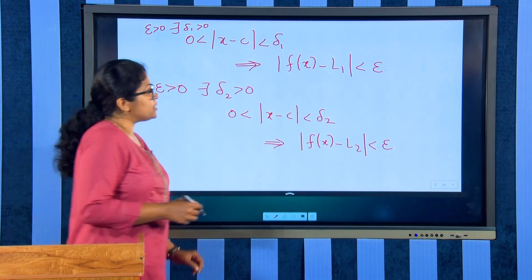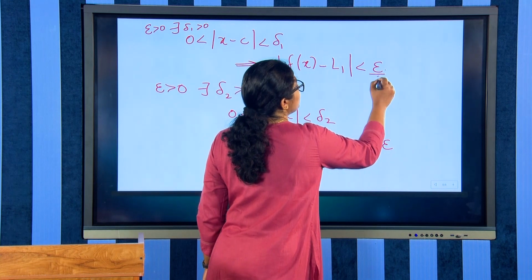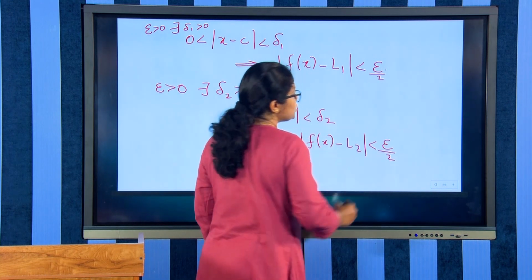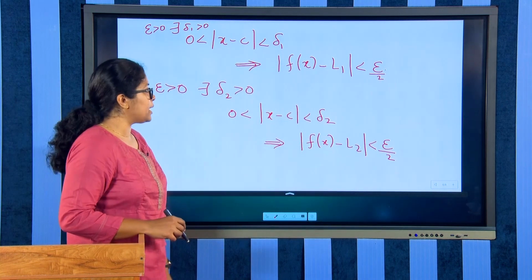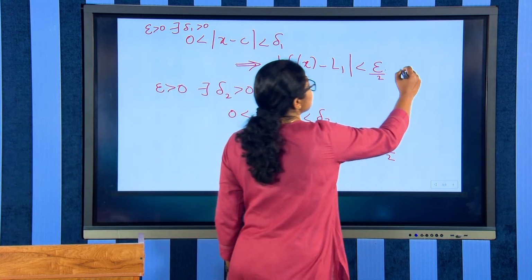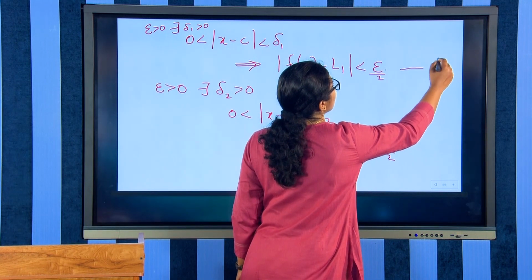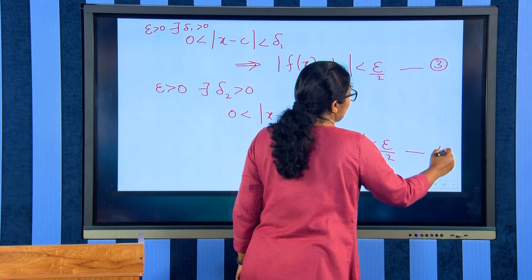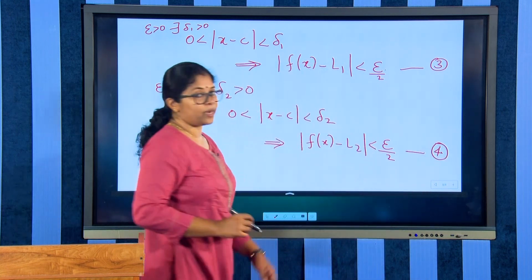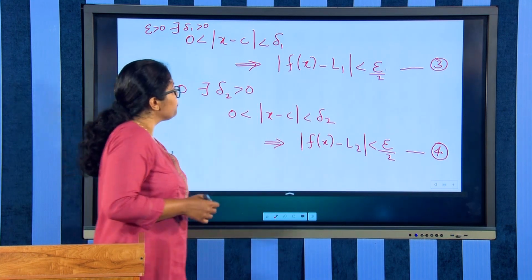So we can write say epsilon by 2 also here, so that we will require it later. Name this as inequality number 3, inequality number 4, because 1 and 2 are already used there.